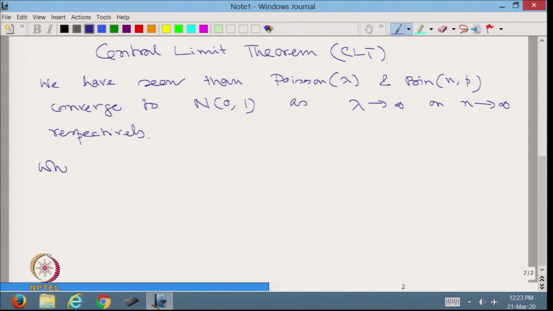What about a continuous distribution? Does it show the same characteristic?